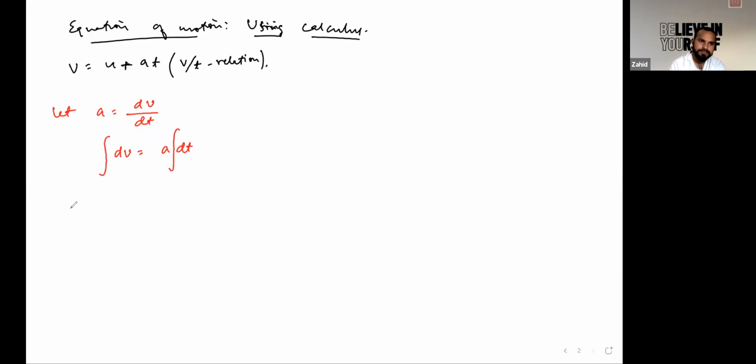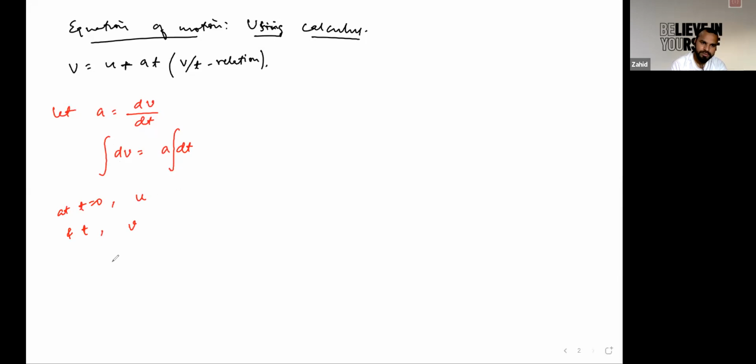On putting the limit, let's say at t is equal to 0, the object would have initial velocity u, and at some later time t, it will have velocity v.